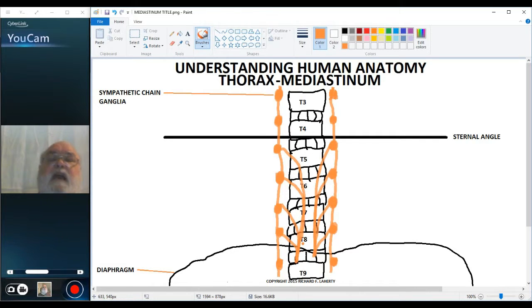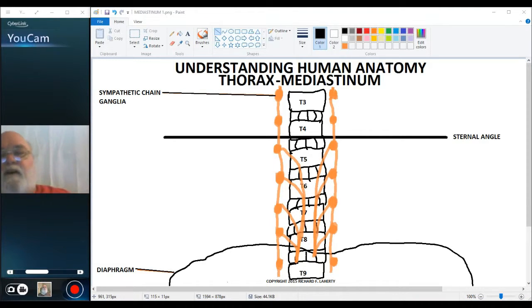And these axons are going down to the celiac ganglion in the abdomen, and they are providing prevertebral sympathetic innervation to the celiac ganglion. And these axons are bringing preganglionic sympathetic innervation down to the celiac ganglion.